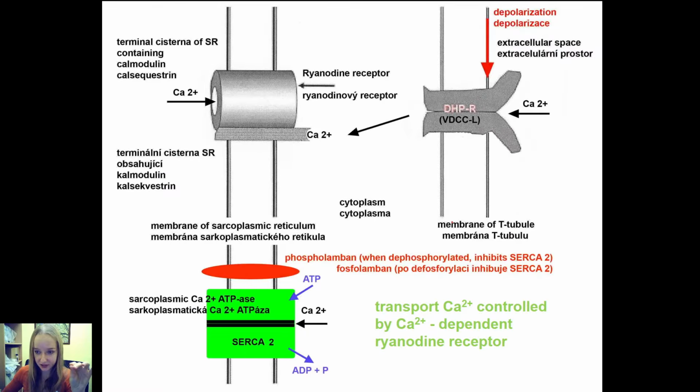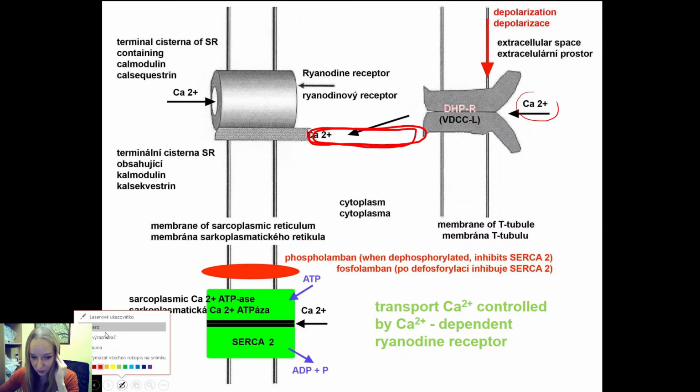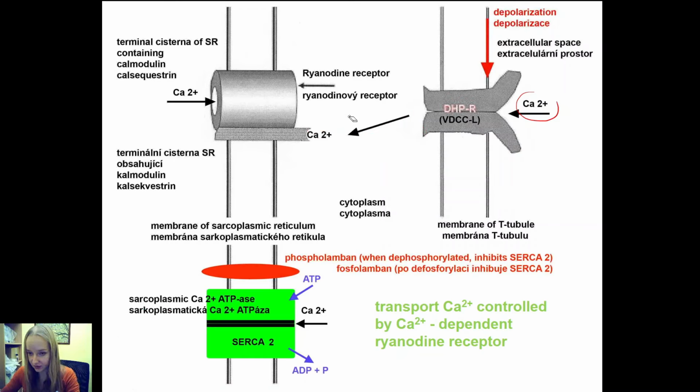There is a difference because we're not able to see here this protein which was connecting these two receptors. So we have the VDCCL receptor which opens, and there is an influx of calcium inside to the cytoplasm, but we don't have this protein over here.